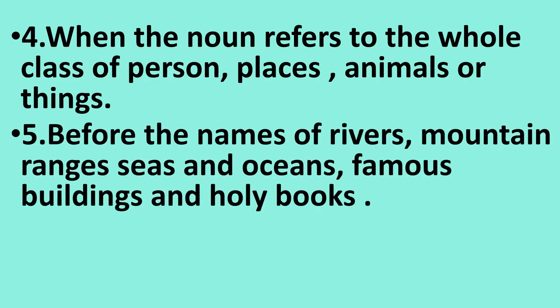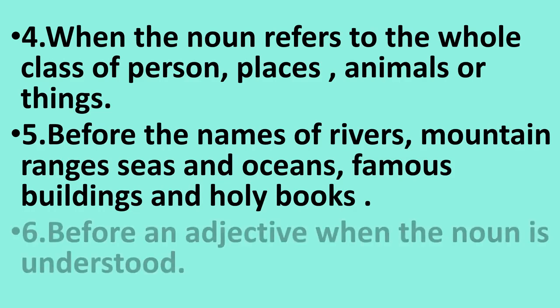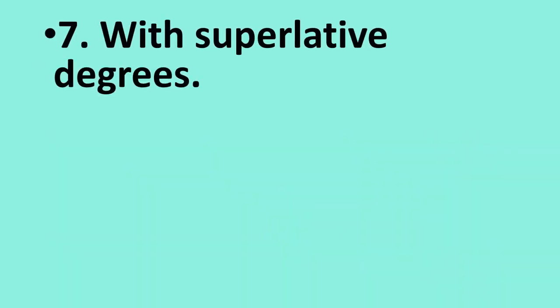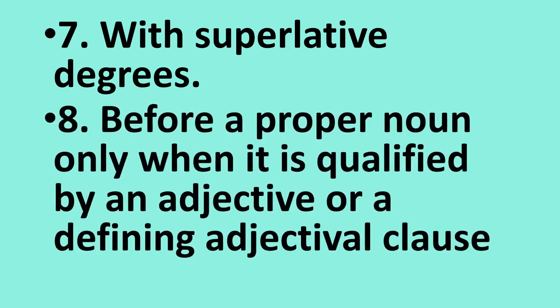Before the names of rivers, mountain ranges, seas and oceans, famous buildings and holy books. Before an adjective when the noun is understood. With superlative degrees and before a proper noun only when it is qualified by an adjective or a defining adjectival clause.